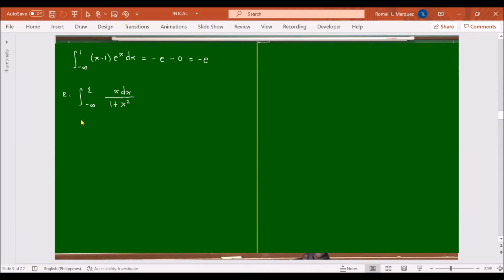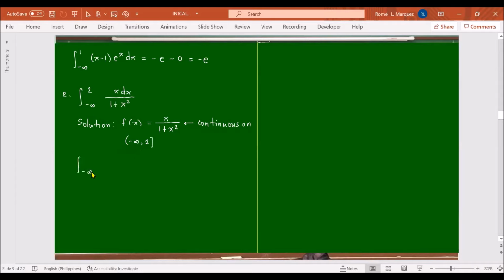So here, we can take f of x as x over 1 plus x squared. This is continuous on negative infinity to positive infinity. Therefore, it is continuous on any subset. So, continuous on negative infinity to positive 2. So we can now proceed.